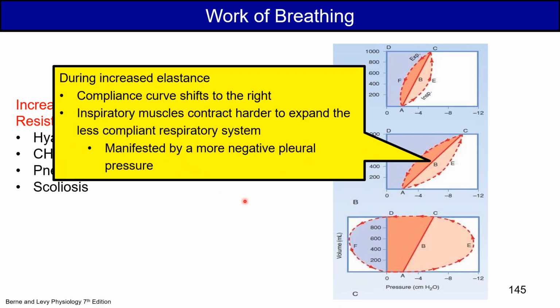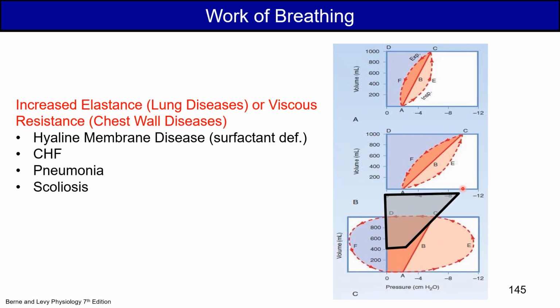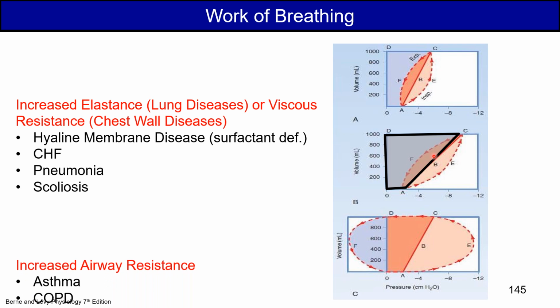So what's going to happen during increased elastance is the compliance curve is going to shift to the right. The inspiratory muscle needs to contract harder, from -2 to -10 or -11, to expand the less compliant respiratory system. As you can see, the area OACD increases. And likewise, there's a shift of the compliance curve to the right.